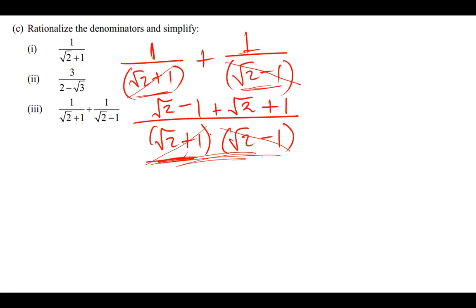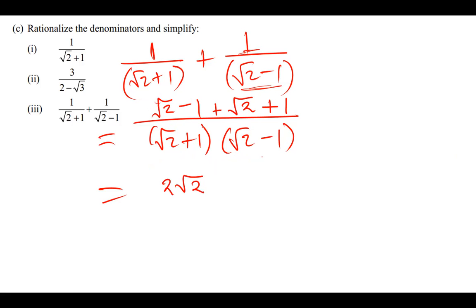So from there now we can simplify the numerator. The numerator there will simply just be root 2 plus root 2, we'll get 2 root 2. And then minus 1 plus 1, the answer is 0.